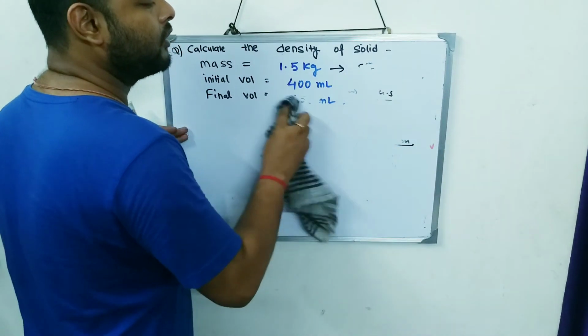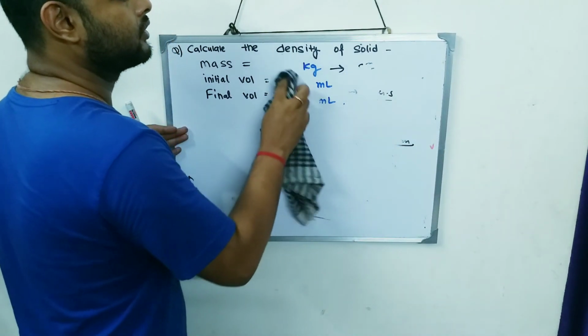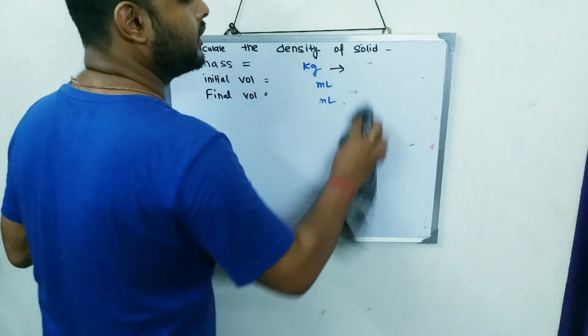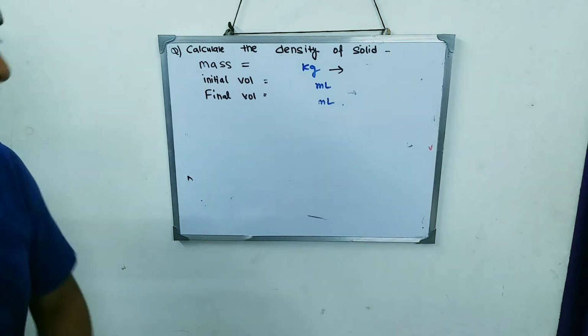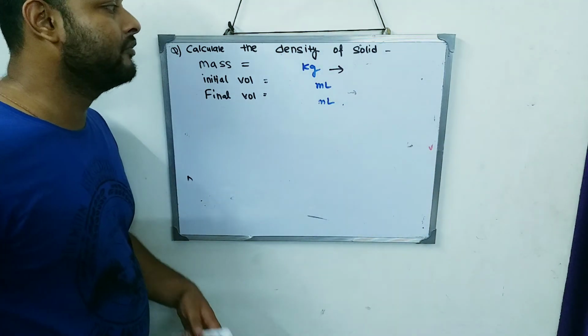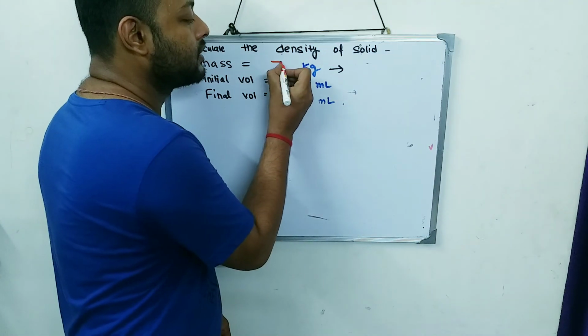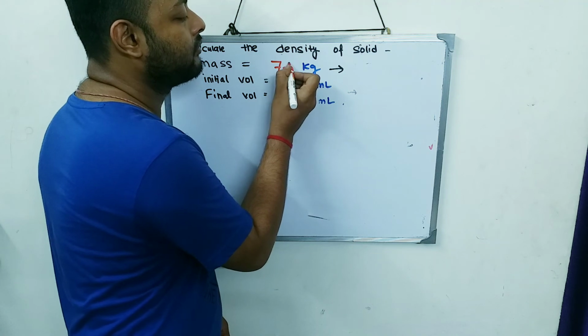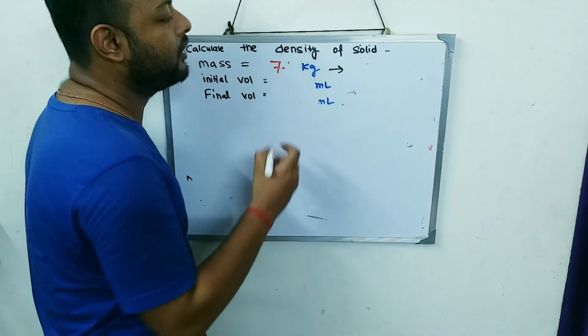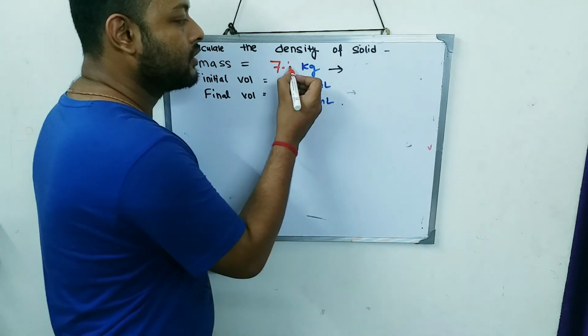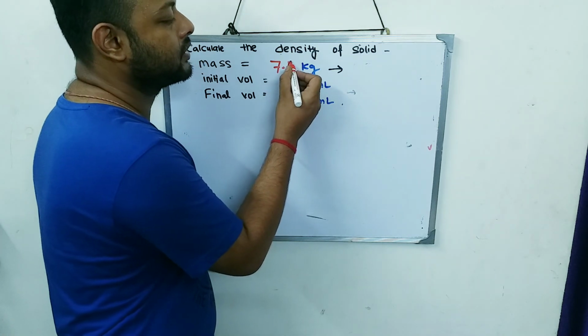So the homework for you is that, instead of 1.5 kg, suppose I give you 7.6 kg.